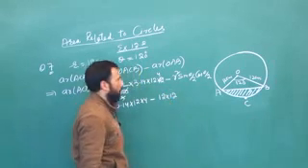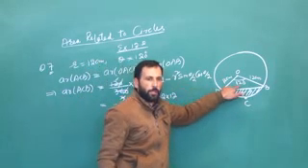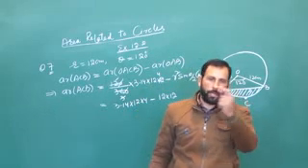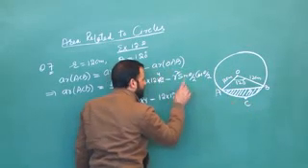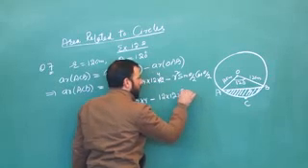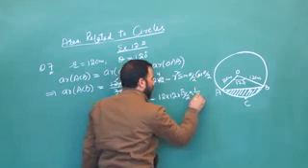Sine theta by 2. The value of theta is 120, so theta by 2 means 120 divided by 2, which equals 60. So sine 60 is square root of 3 by 2 into cos 60, which is 1 upon 2.